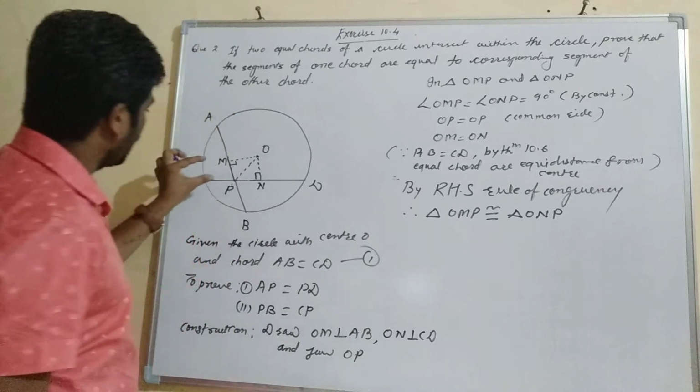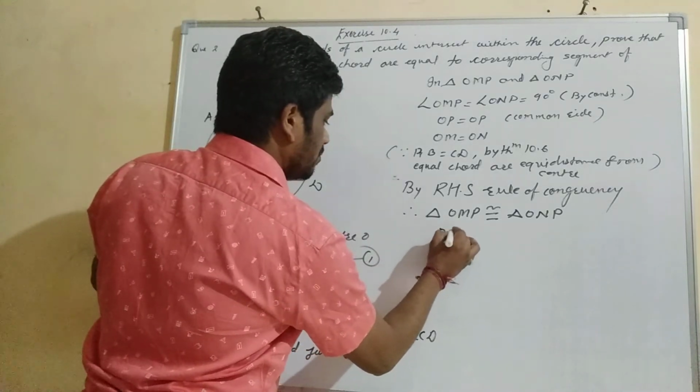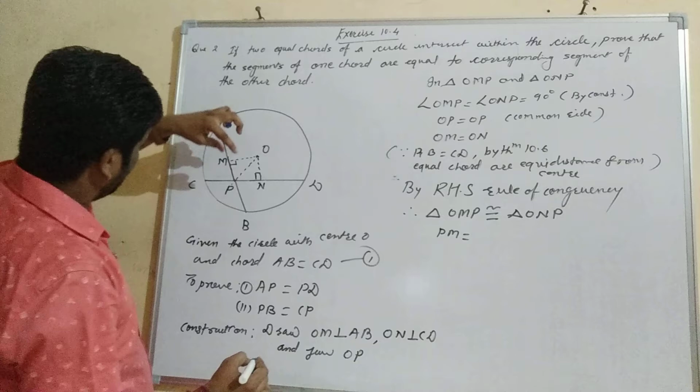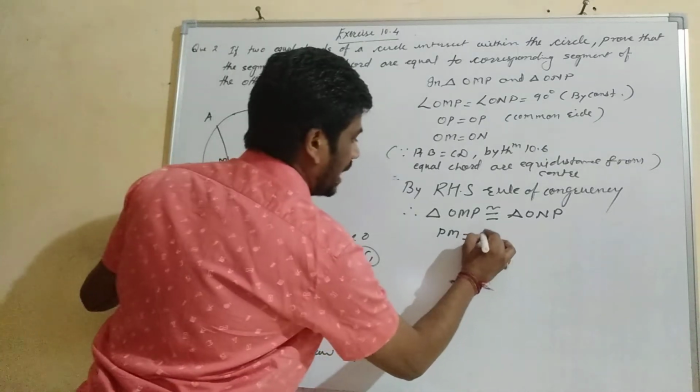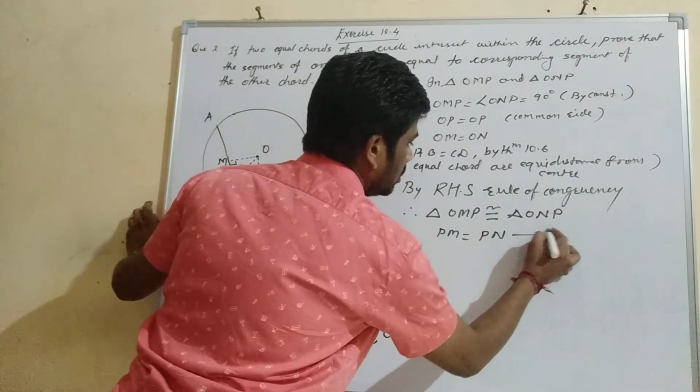And by CPCT we can write PM will be equal to PN. This will be equation 2.